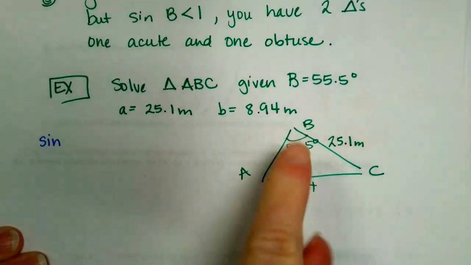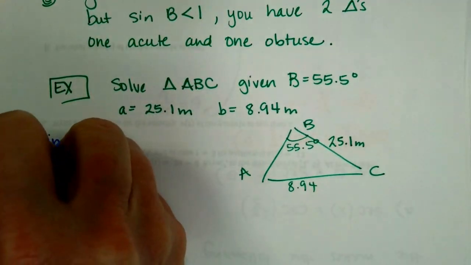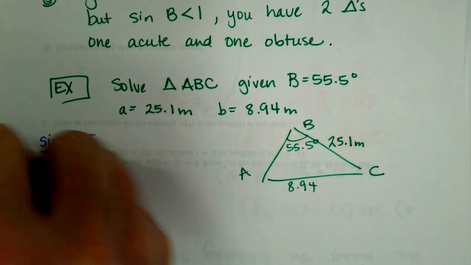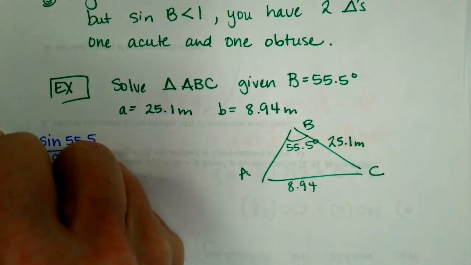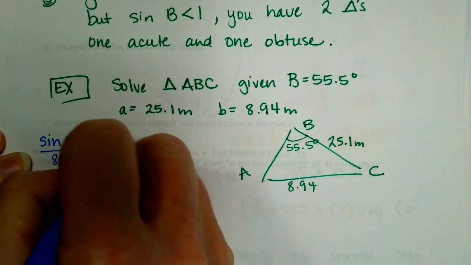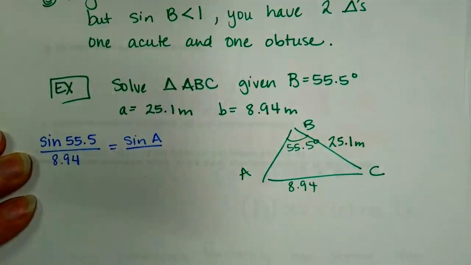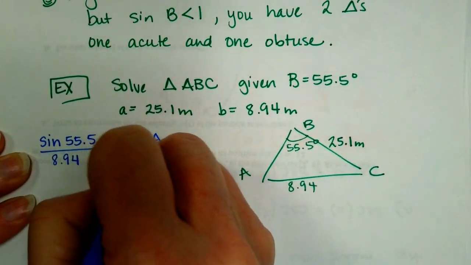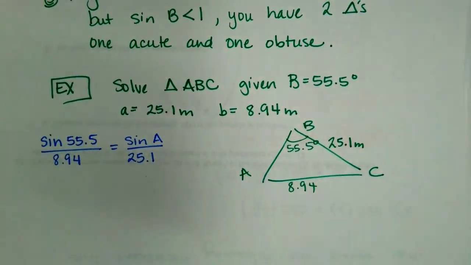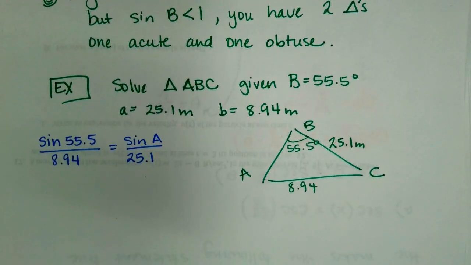So I'm going to do sine of B, which is 55.5, over side B, which is 8.94, equals sine of angle A over 25.1. Is everybody okay so far with the setup? This one's going to be slightly different. Okay, so now the goal here is for me to get big A by itself, angle A by itself.